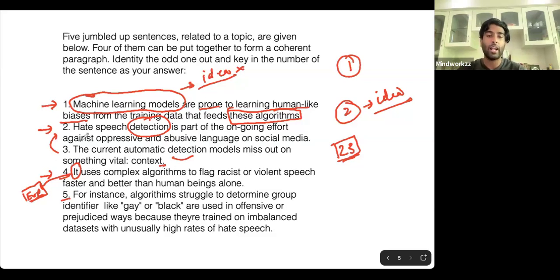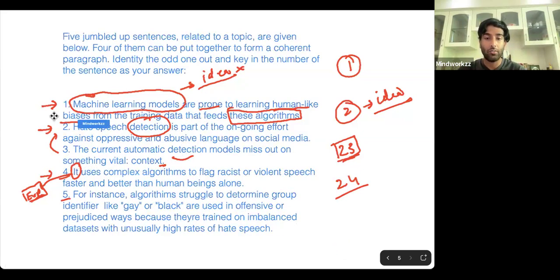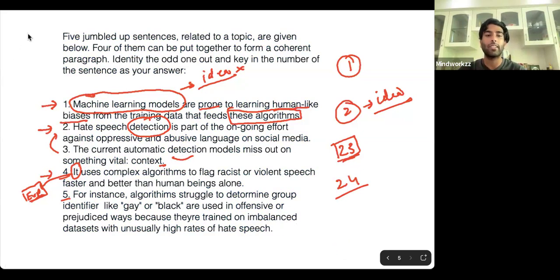One thing you can notice, if you try to fit 2 and 4 together: hate speech detection is part of the ongoing effort against oppressive and abusing language on social media. It uses complex algorithms to flag racist or violent speech faster and better than human beings alone.